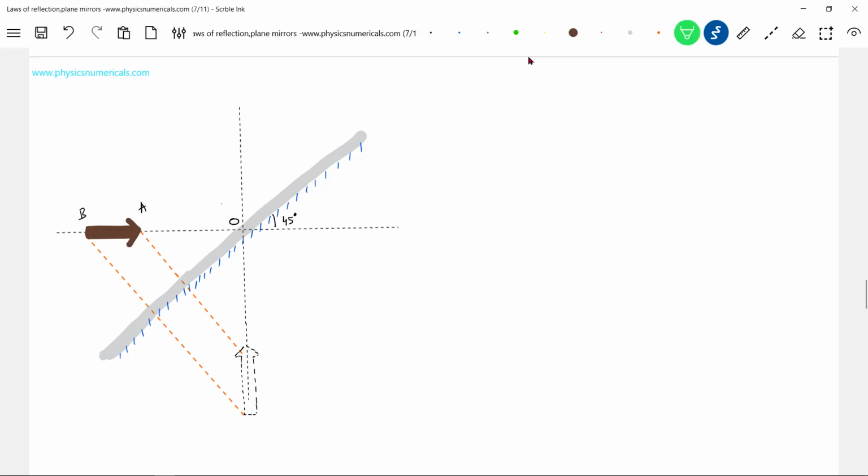This will be the image. So corresponding to A this will be A dash, this will be B dash. If this is X, this will be X, this will be Y, this will be Y.